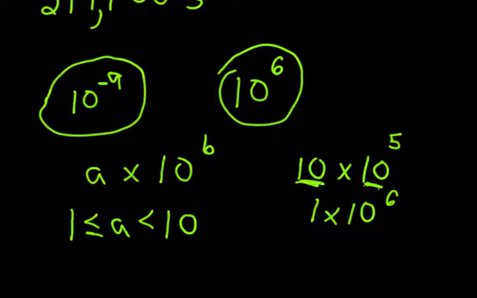Because I have 2 things to the same base, I can add the exponents. So to avoid confusion, we always keep A less than 10 and equal to or greater than 1. And that lets us get the most information out of scientific notation.